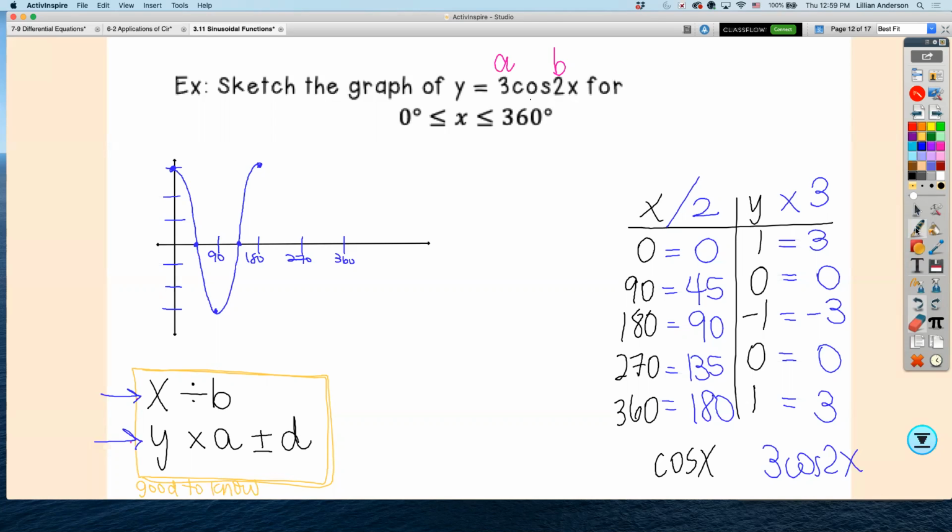I repeat the same pattern. I go halfway. I go down to -3. I go halfway. I go up to 3. And that is my graph of y equals 3 cosine 2x.